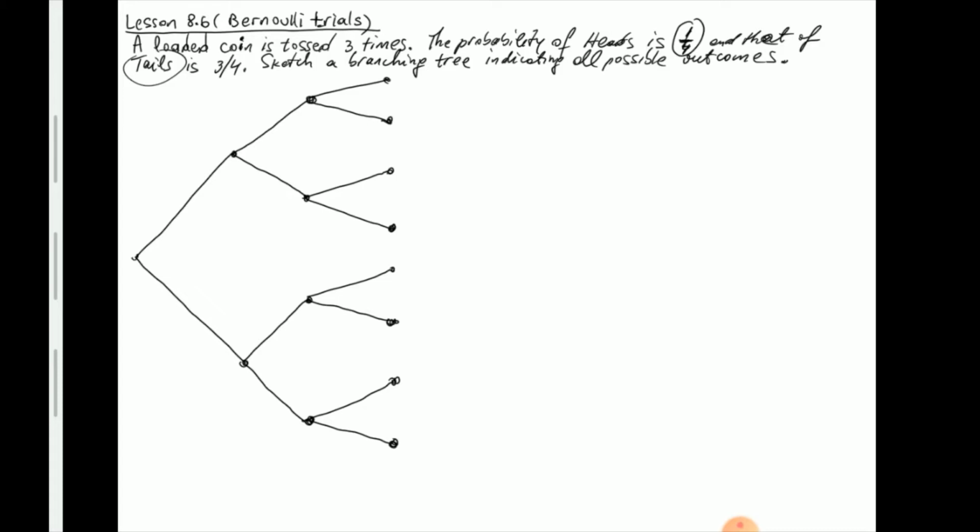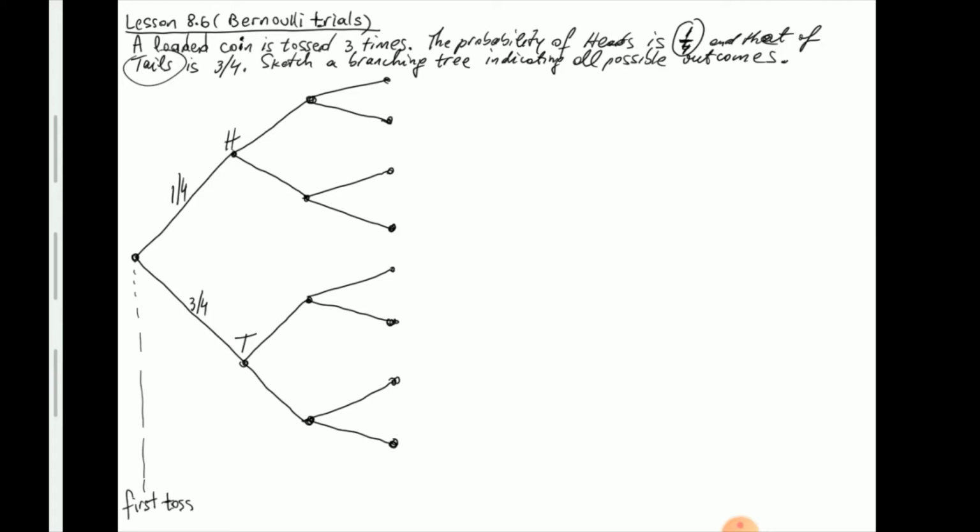So you can think of the root of the tree as the first toss. So let's write it like that. This is the first toss, which obviously results in either heads or tails. And as you remember from a previous section, we can write the probabilities of each of these on the actual branch of the tree. So 1/4 for heads, 3/4 for tails.